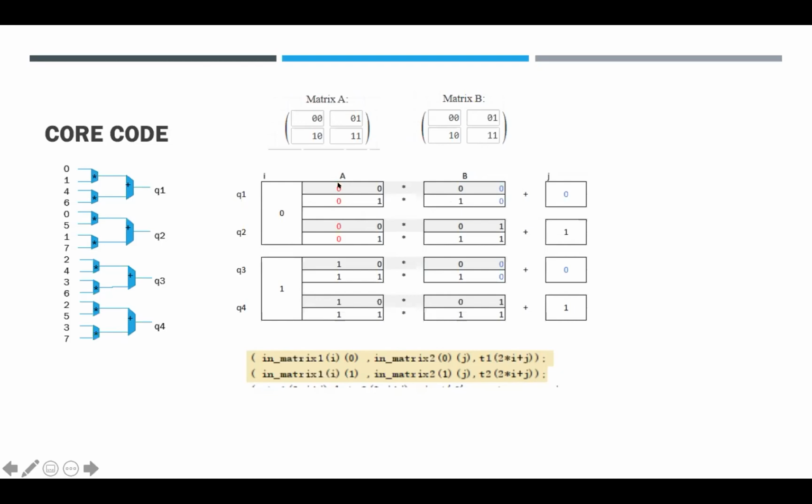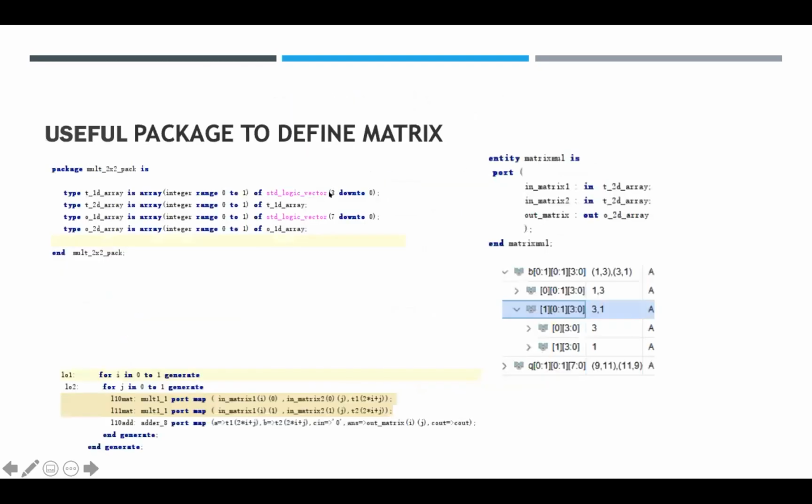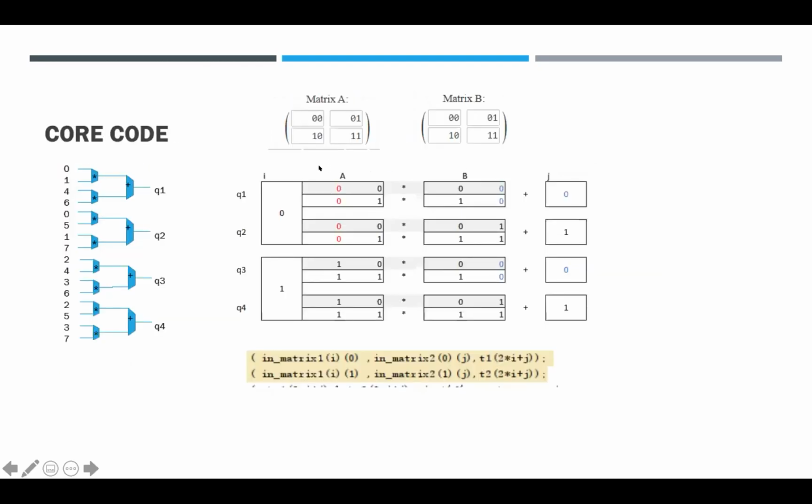While in the first part, you can see that I is the loop, J is also the loop. And when I is 0, you can see that the right part is 0, 1, 0, 1, 0, 1, 0, 1, no matter I changes from 0 to 1.